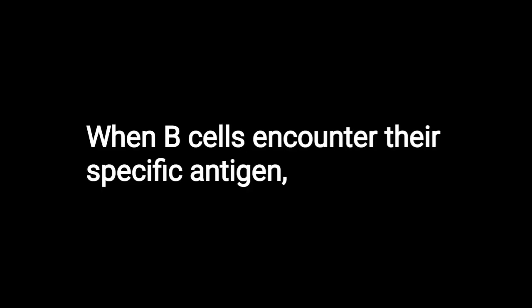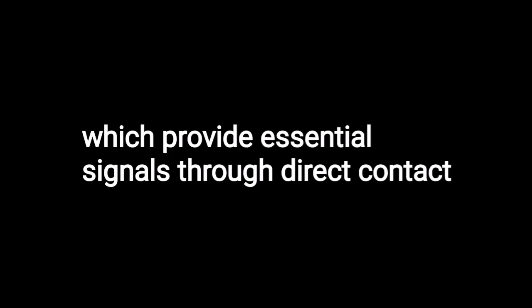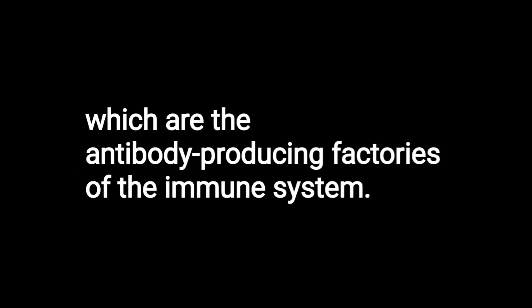When B cells encounter their specific antigen, they undergo a process known as activation. This activation often requires help from T helper cells, which provide essential signals through direct contact and cytokine release. Once activated, B cells proliferate and differentiate into plasma cells, which are the antibody-producing factories of the immune system.